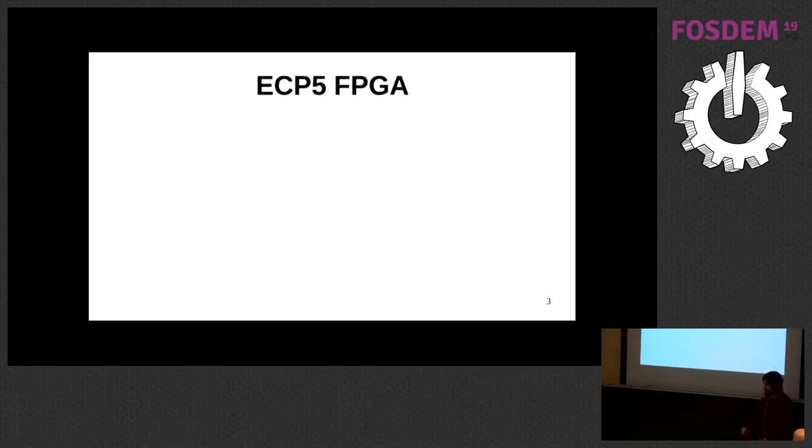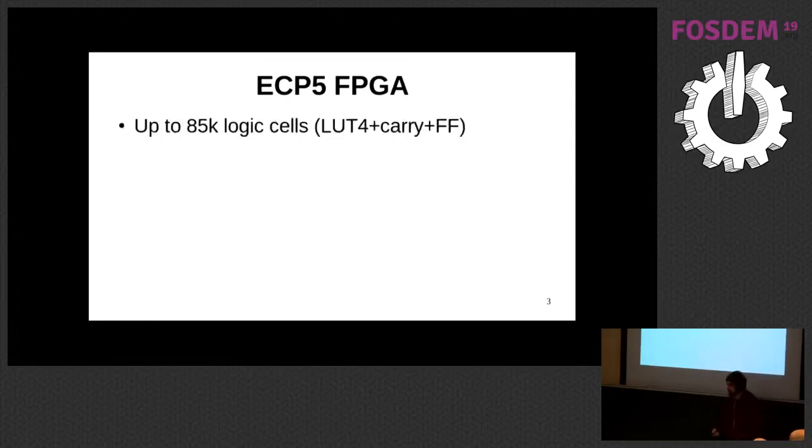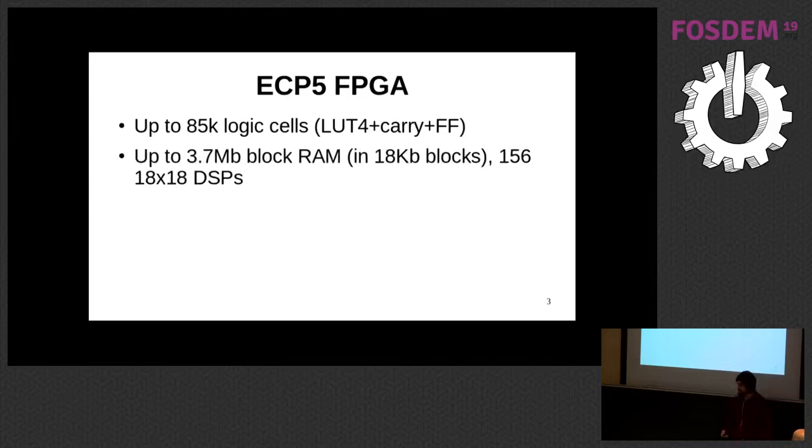So I'm going to particularly talk about one FPGA, the Lattice ECP5, and that's what I've been working on recently. It has up to 85,000 logic cells. A logic cell is a standard element in an FPGA: 1 4-input lookup table, 1 D-type flip-flop, and some dedicated carry logic for building fast adders.